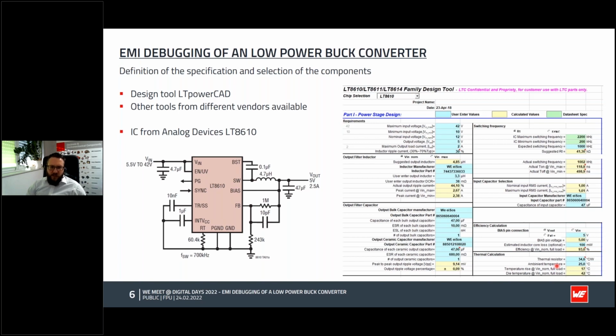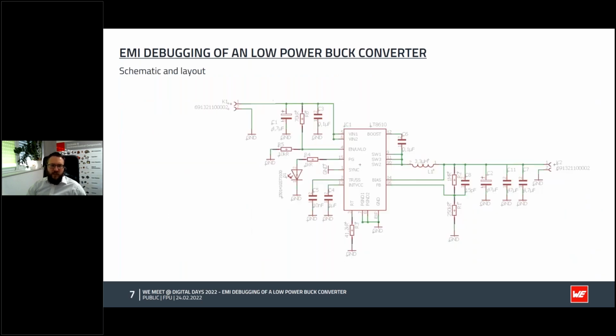So after we chose our components, of course, we then go into the design phase, and the schematic was built up. This is also the schematic from the minimum setup. We have our input capacitor here, an input-side bulk capacitor, and the output capacitor.